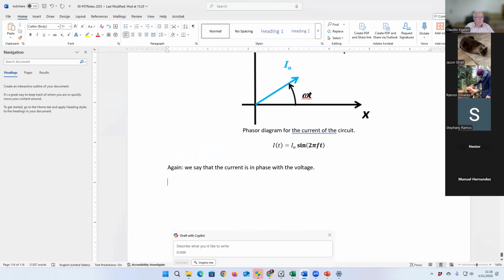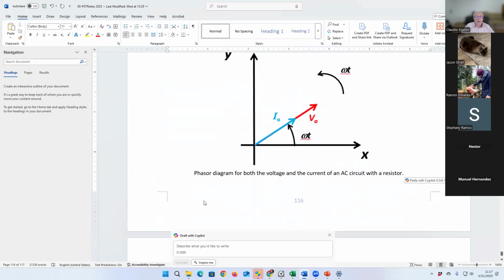We can superimpose both of them in the same graph. And it's going to look like the following. It's going to look like that. They are all rotating in the XY space.